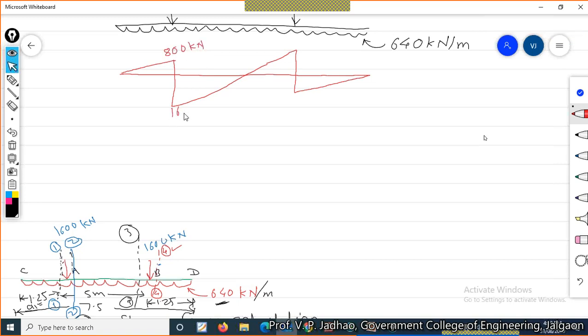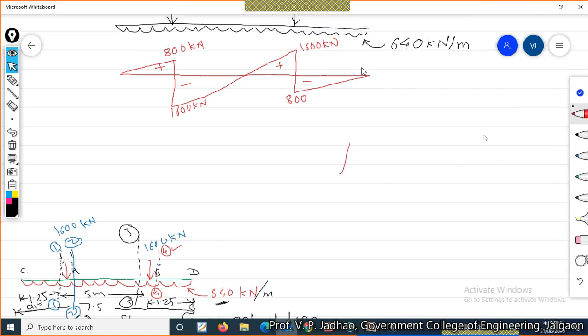Here again we have 1600 kilonewton, and here we have 800 kilonewton. This is minus, this is positive, this is minus, this is again positive. So this is how our shear force diagram will be. Okay, is there any problem up to this point?